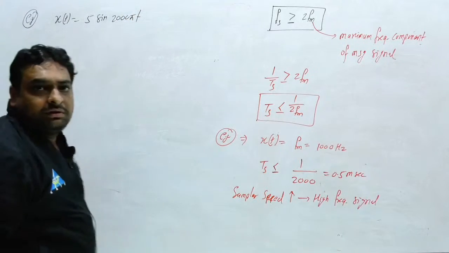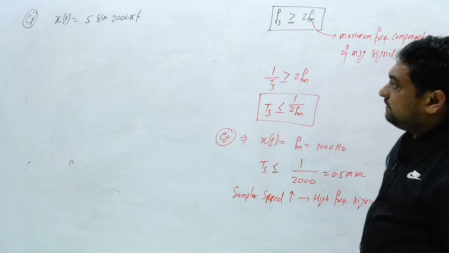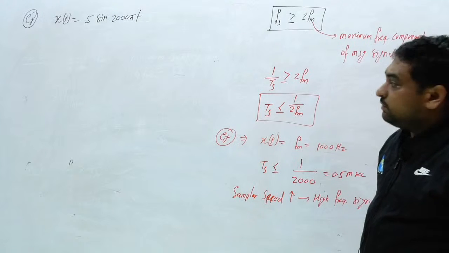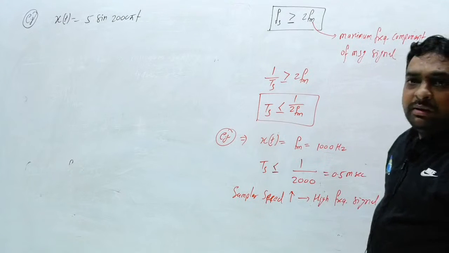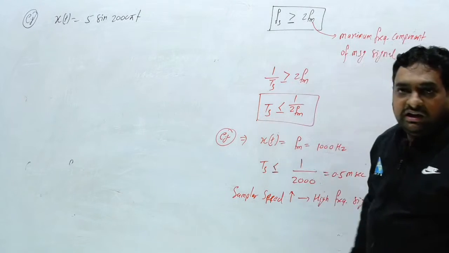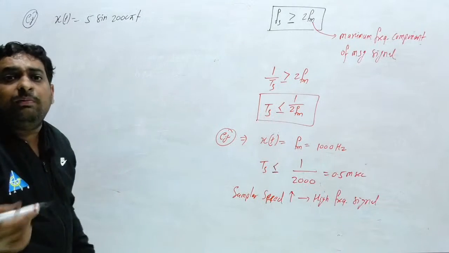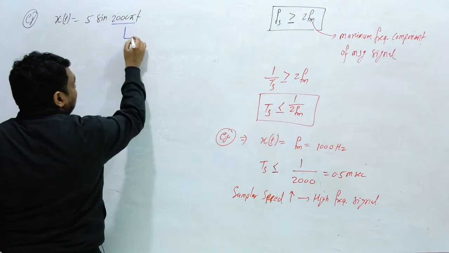What will be the minimum sampling frequency here? First you have to find out how many frequency components there are. Here you can say there is only a single frequency.